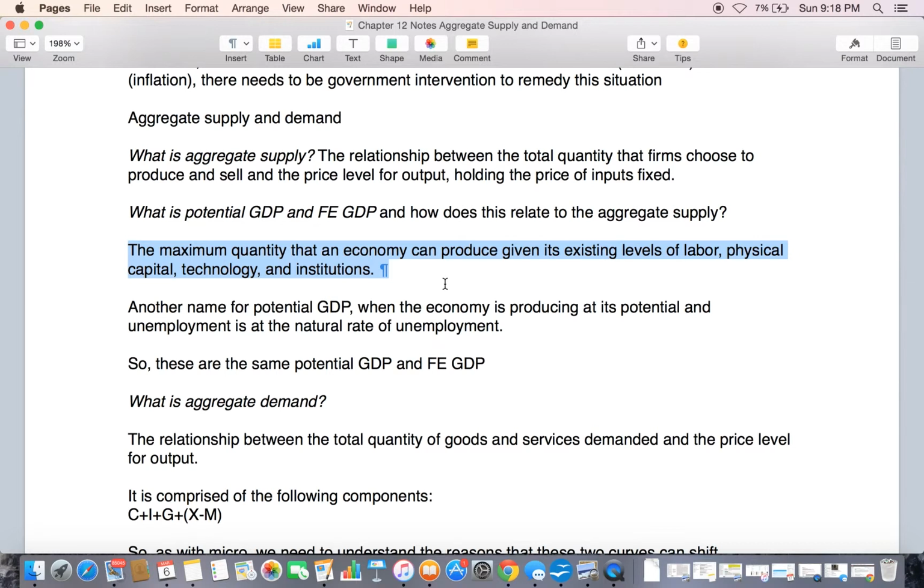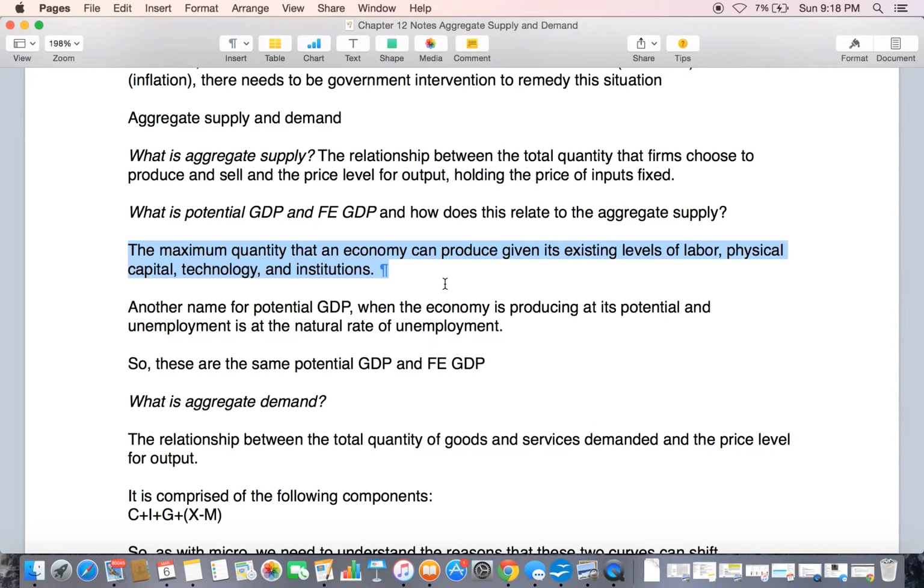So if we have a certain pool of individuals who can work and they have tools and work with certain technology, how much can they produce right now today? This would assume that there isn't any unemployment. This would assume that everyone is maximally efficient.